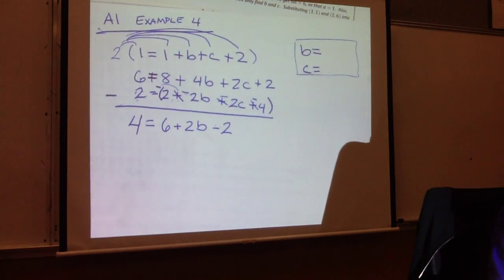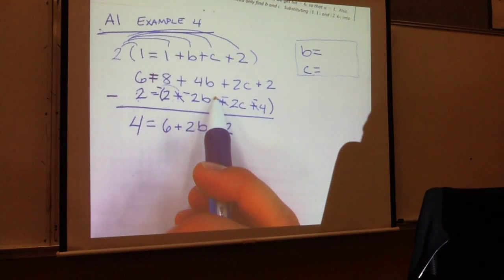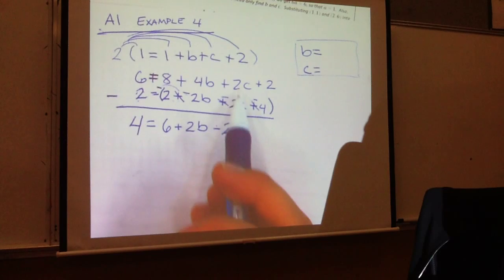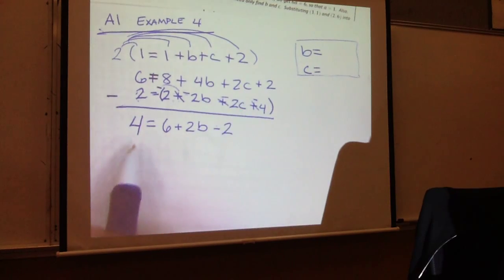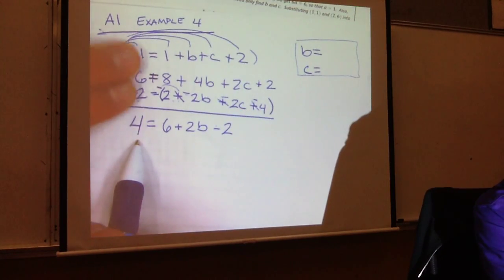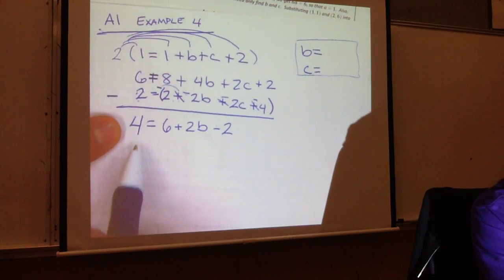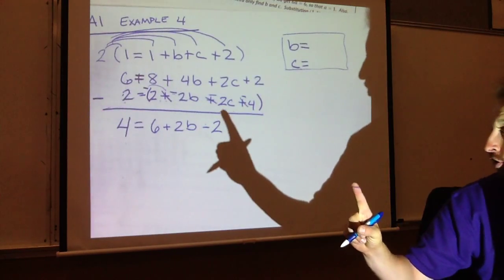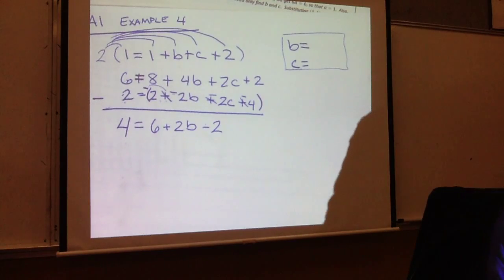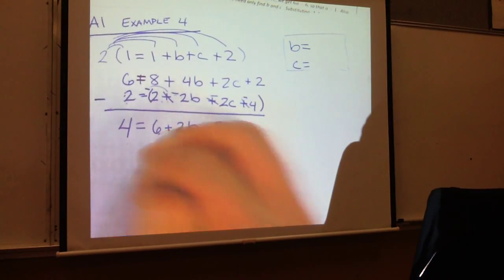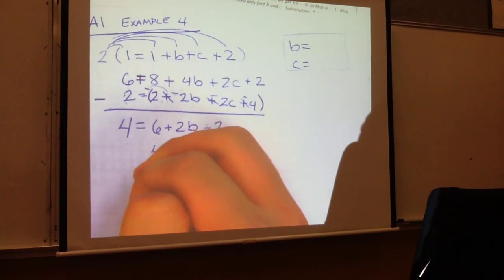What that did is eliminate the variable c, and it combined two equations into one. So now we have one equation with one unknown, which is very solvable. 6 minus 2 is 4.